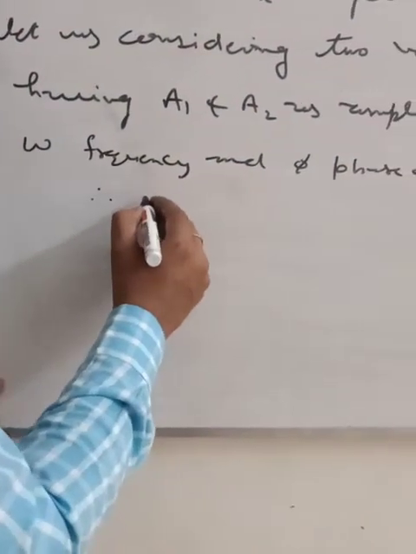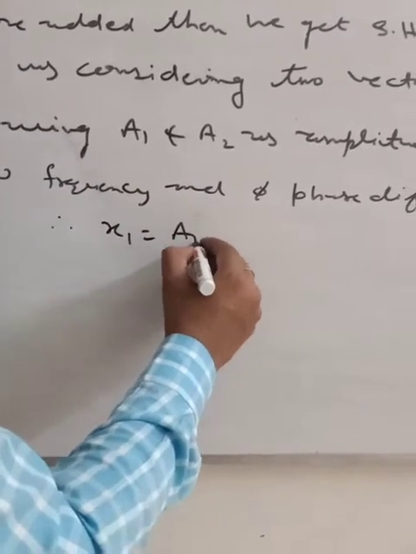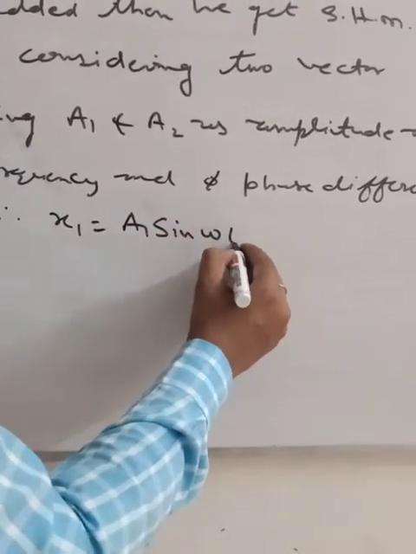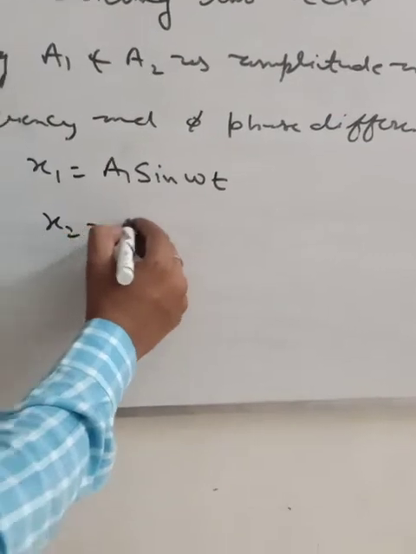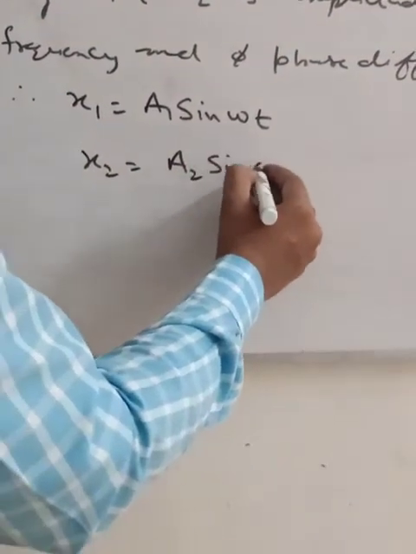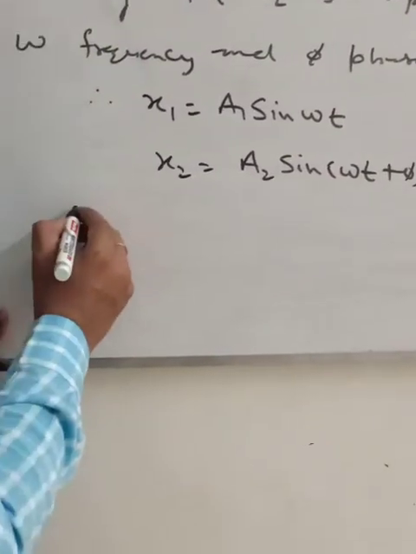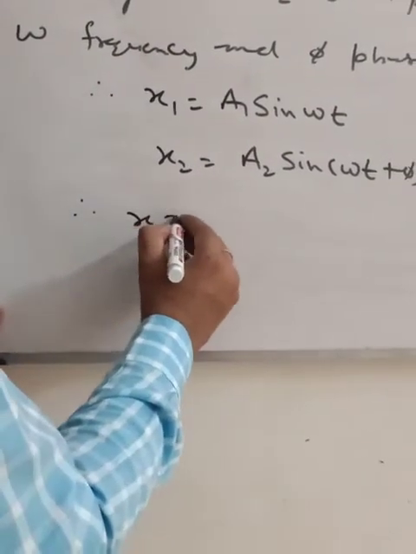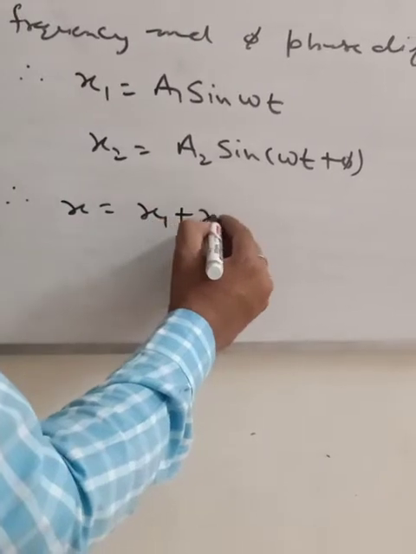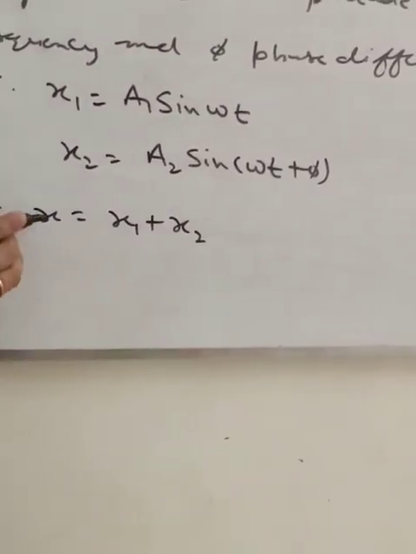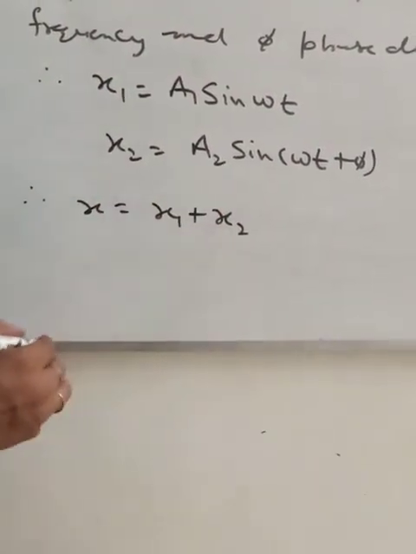Mathematically, x1 is a1 sin omega t and x2 is a2 sin of omega t plus phi. Then the addition of these two, the final displacement, is x1 plus x2.